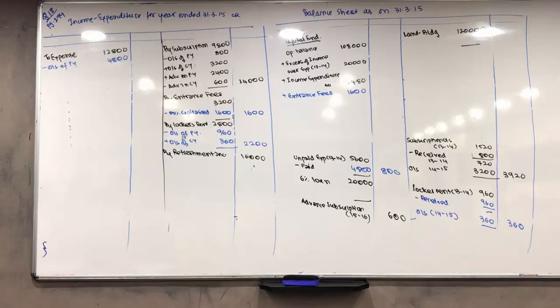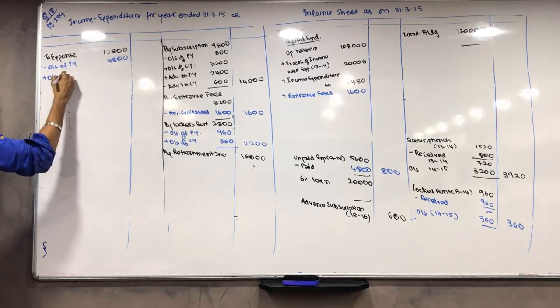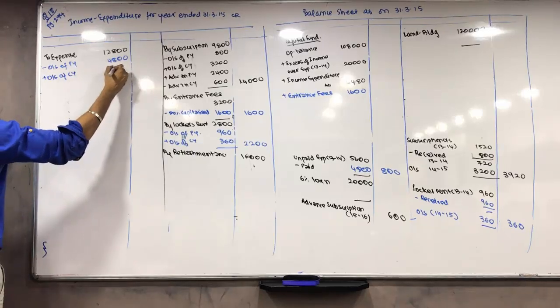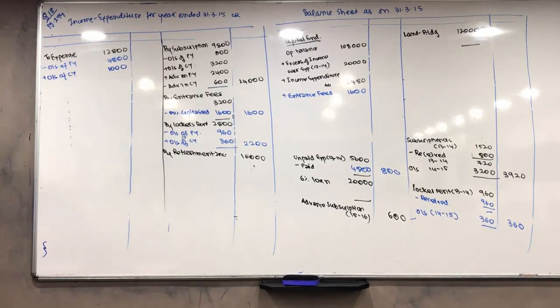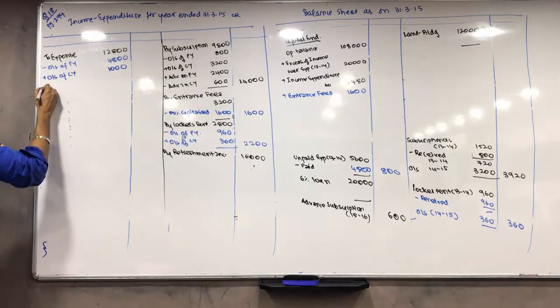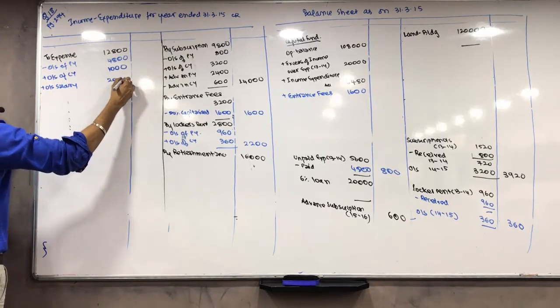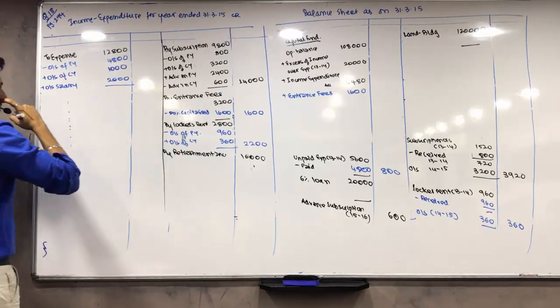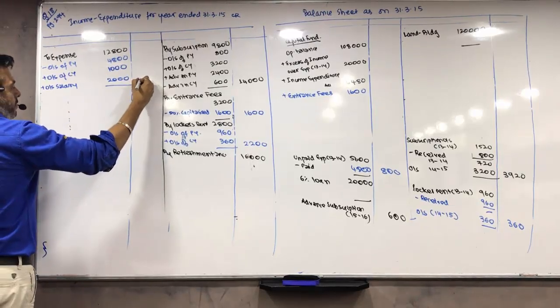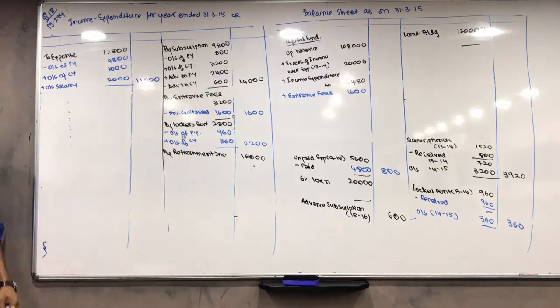Then outstanding of current year is 1,000. So plus outstanding of current year 1,000, plus we also have salary outstanding. So plus salary outstanding 2,000. 11,000.